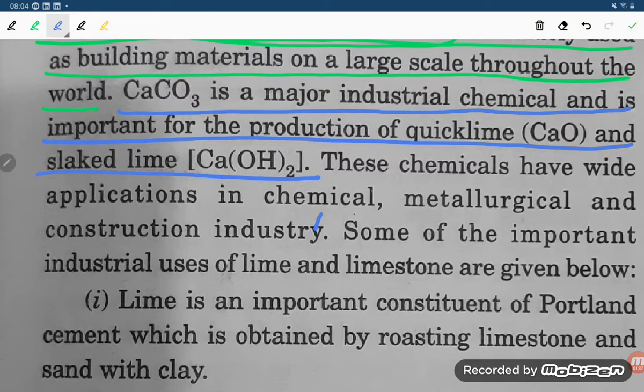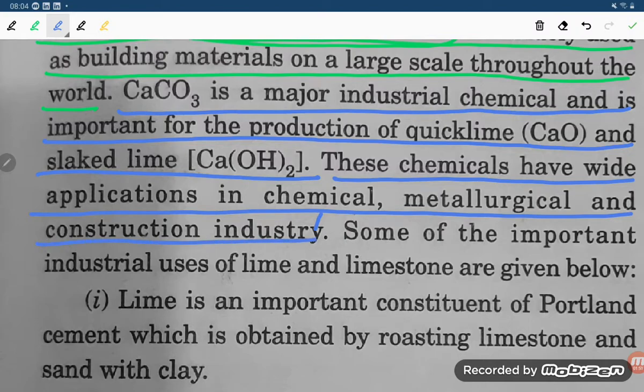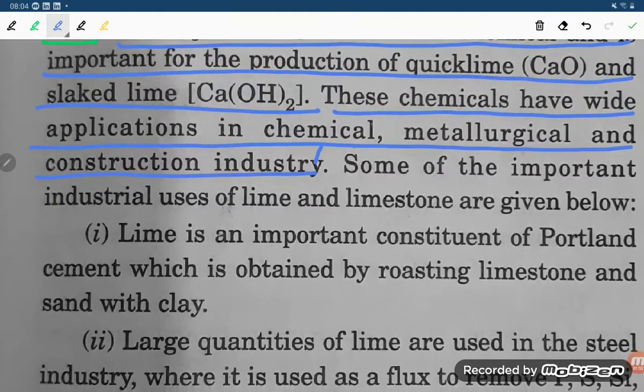With the help of limestone only we are preparing quicklime by heating, or slaked lime by dissolving in water. These chemicals have wide applications in the chemical, metallurgical and construction industry.